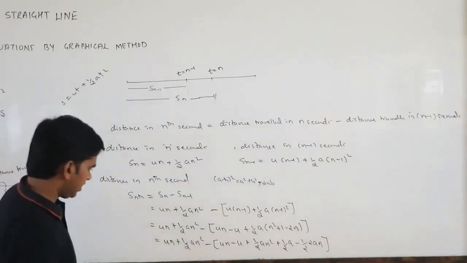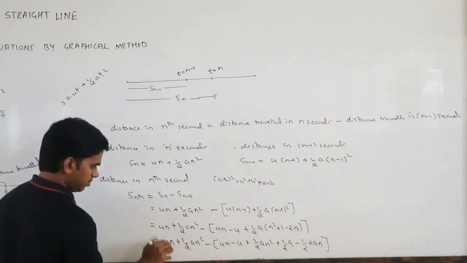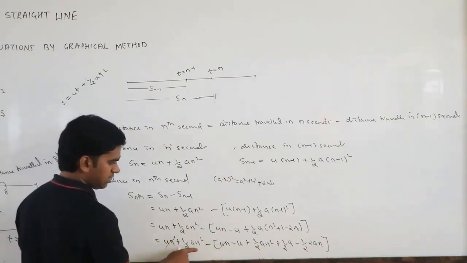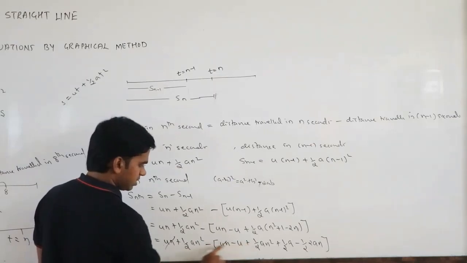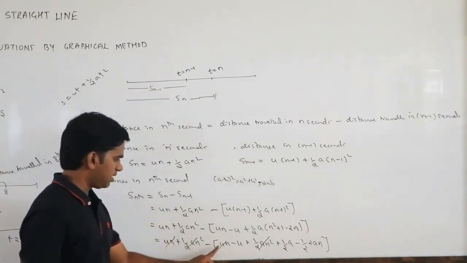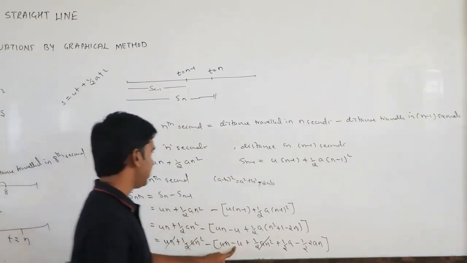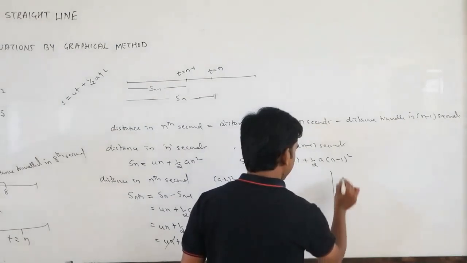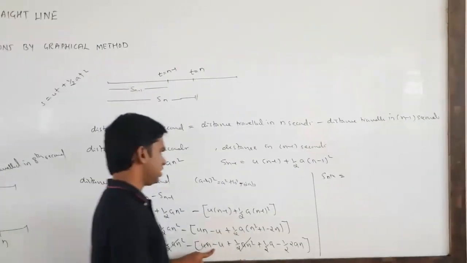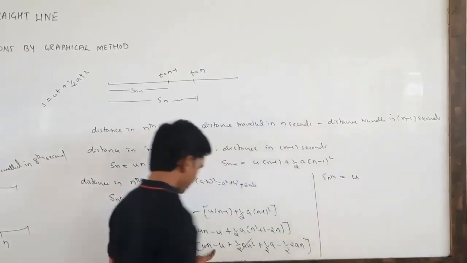Check if anything gets cancelled. Minus un plus un will get cancelled because the minus is outside. Plus half an square and minus half an square, these two will get cancelled. What remains is plus u. So Sn is equal to plus u.